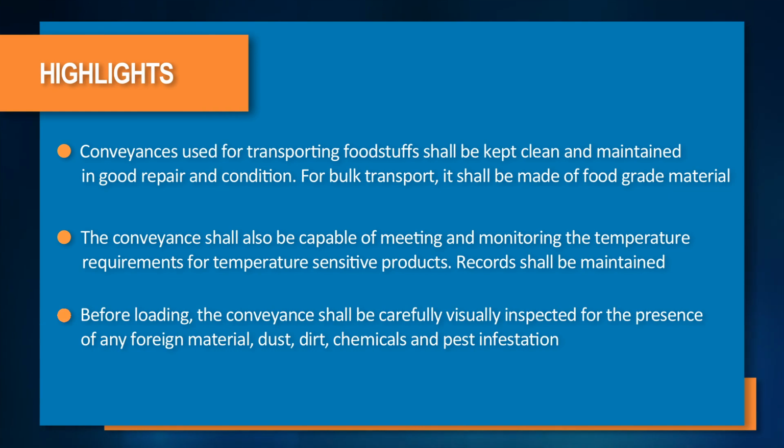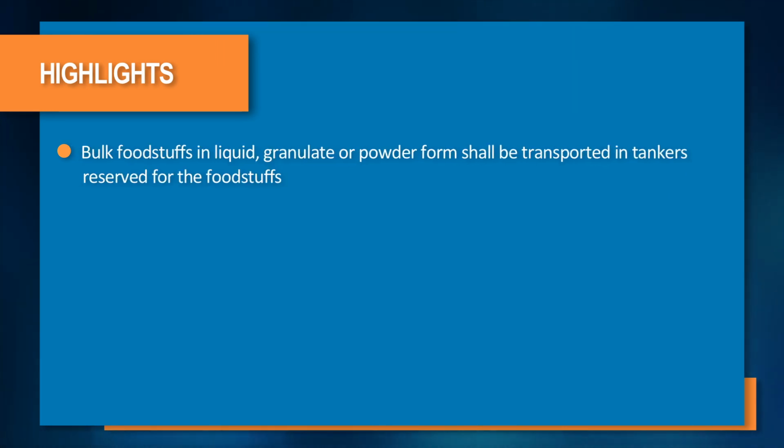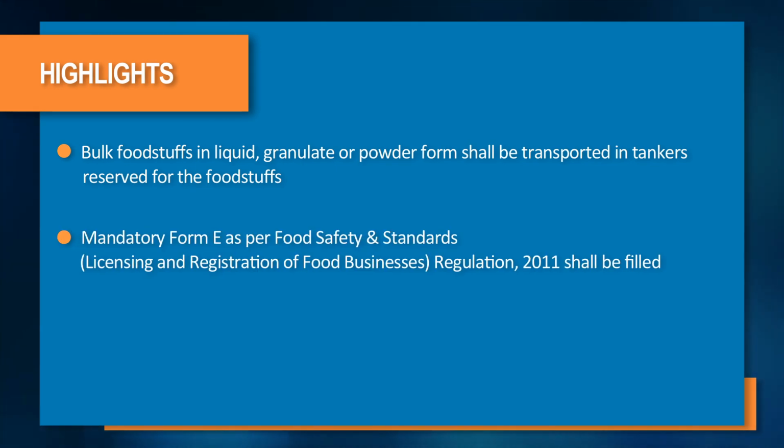Before loading, the conveyance shall be carefully visually inspected for the presence of any foreign material, dust, dirt, chemicals, and pest infestation. Bulk foodstuffs in liquid, granulate, or powder form shall be transported in tankers reserved for the foodstuffs. Mandatory Form E, as per Food Safety and Standards, Licensing and Registration of Food Businesses Regulation 2011, shall be filled.